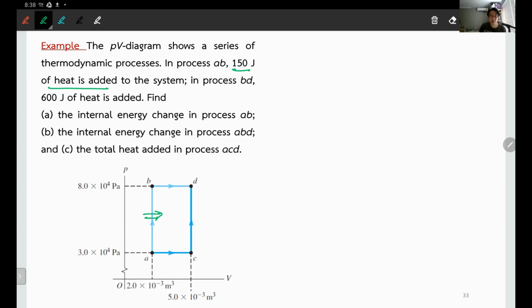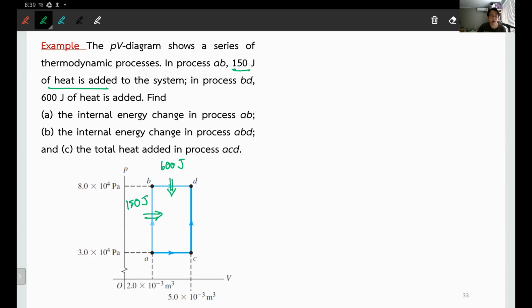It might look a little weird, but for now, this is a personal note saying that there is heat coming in, 150 joules. Now process B to D, there is 600 joules of heat coming in. Just a note on it, right on top of the line or the curve in the PV diagram.